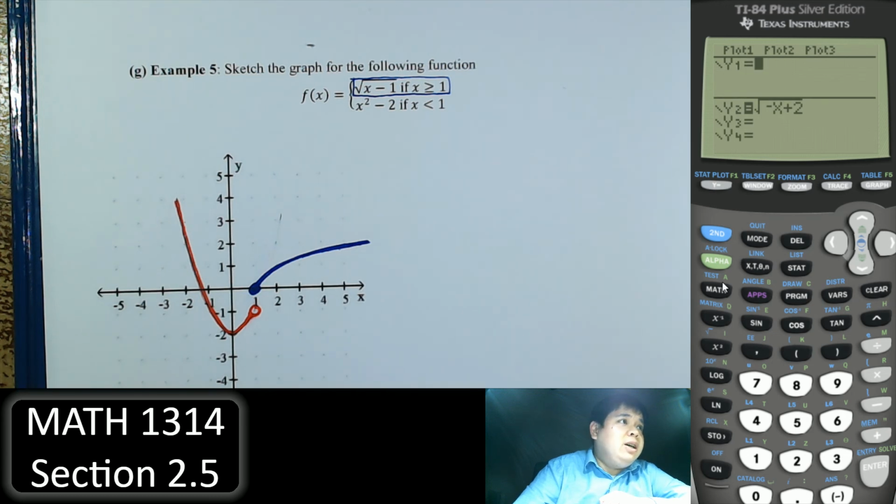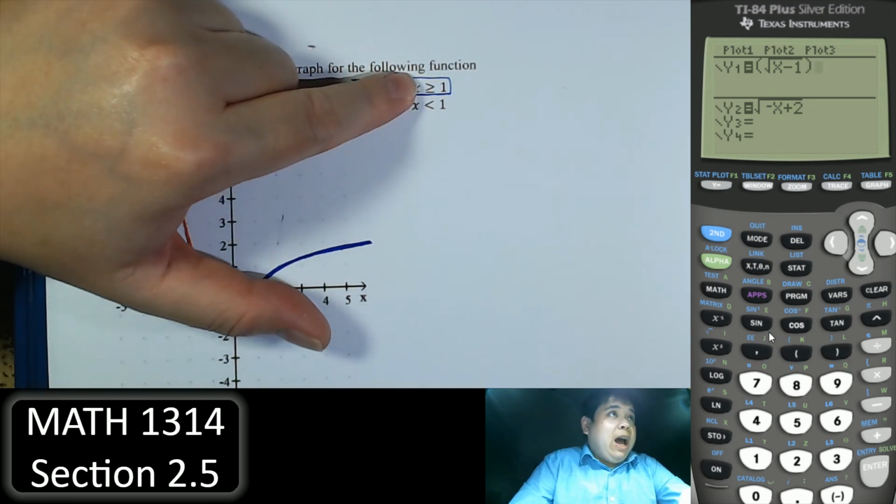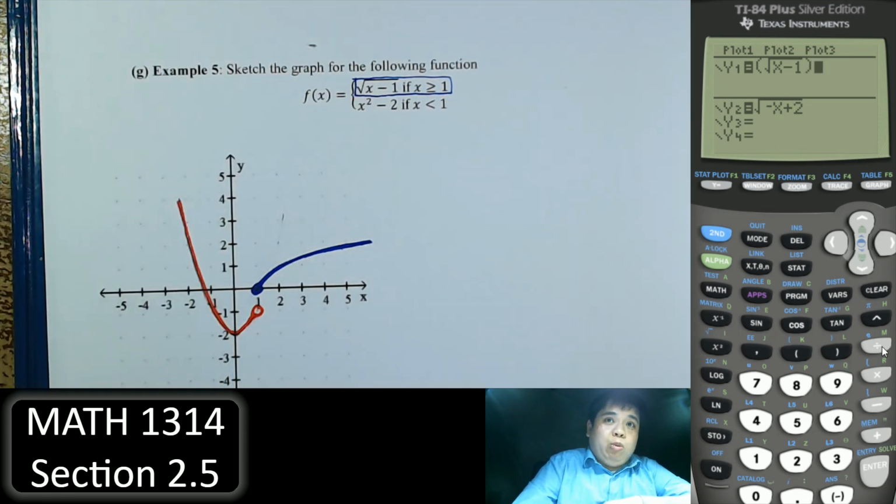First we are just going to put in the parentheses, so we have square root of x minus 1, right? Put that in the parentheses. But then it is for x greater than or equal to 1, so what we do, this is the trick, divide. I'm going to say x greater than or equal to 1.